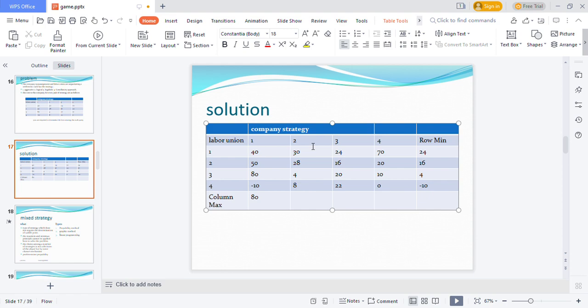Then strategy 2 for company management, we have 30, 28, 4 and 8. 30 is the maximum value. Company strategy 3, we have 24, 16, 20 and 22. Here, 24 is the maximum value. Then the final company strategy: 70, 20, 10 and 0. The maximum is 70. That is it.